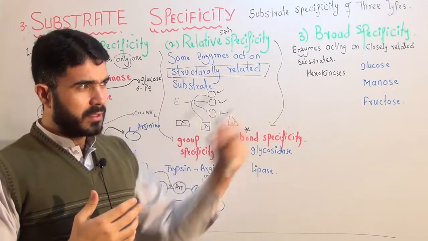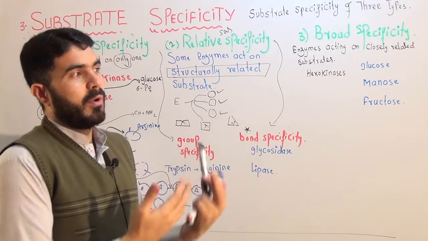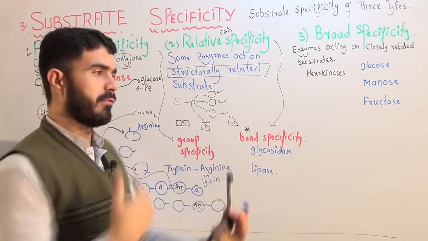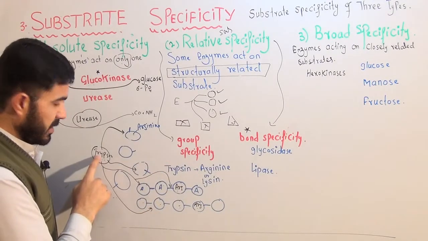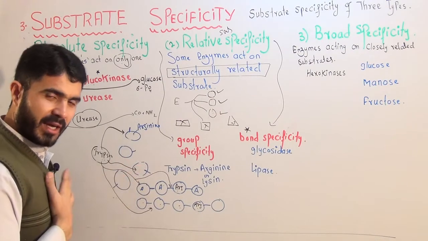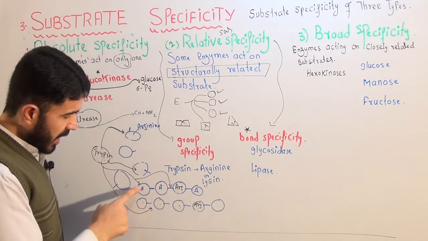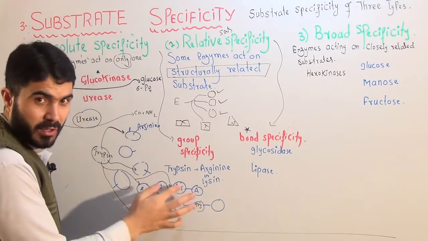Do you have the bond that I like? If you have the bond that I like, I will definitely act on you. In this case, the enzyme is saying, if you have the functional group that I like, I will act on you, as well as on you, because you two both have the functional group.